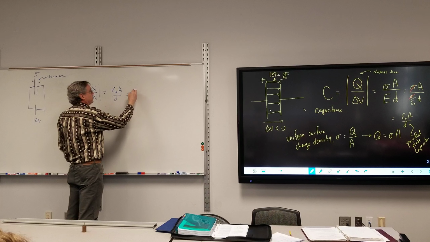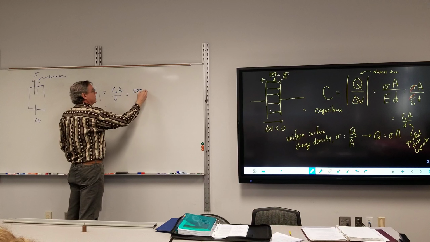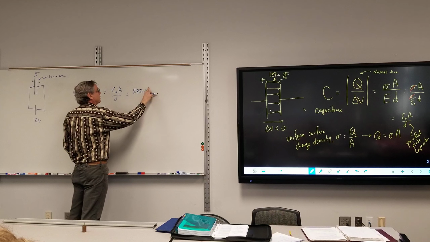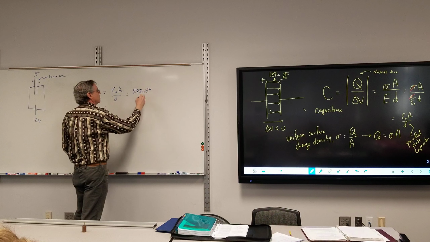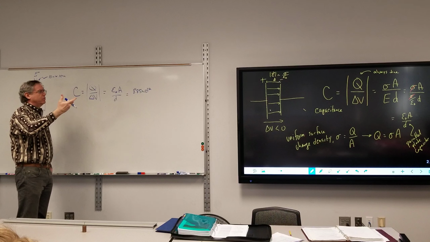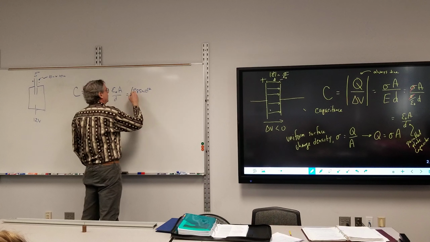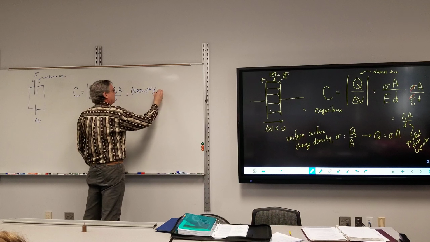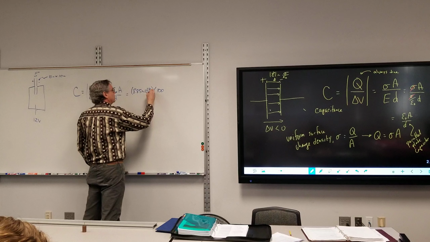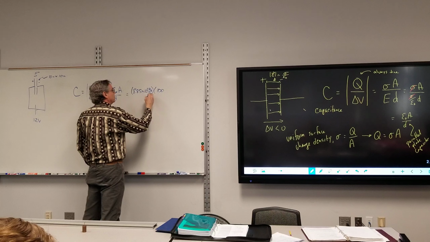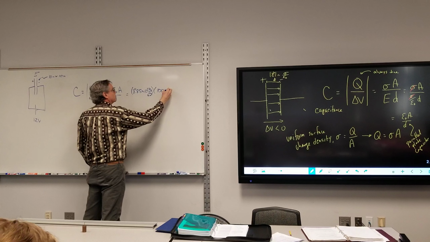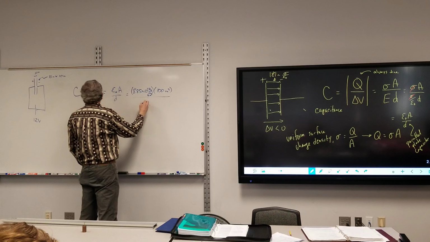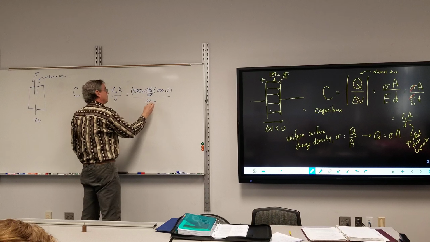So we end up with 8.85 times 10 to the negative 12th, Coulomb squared per Newton meter squared, times my area of 100 square meters, divided by 0.01 meters.